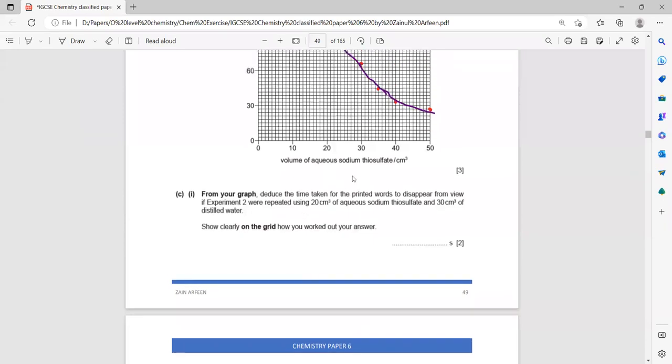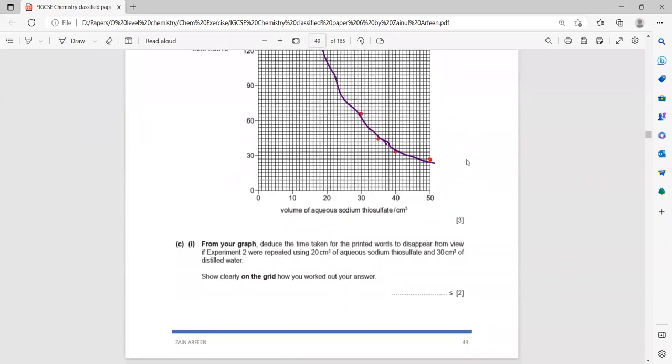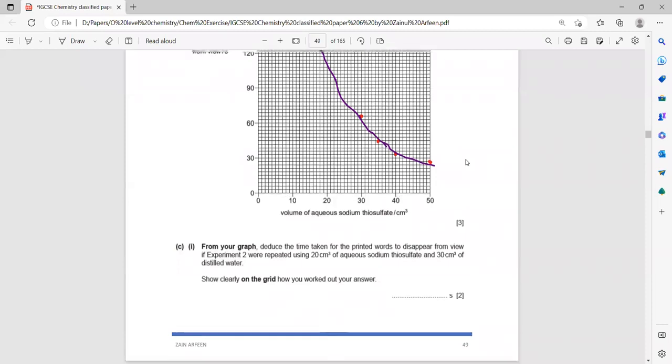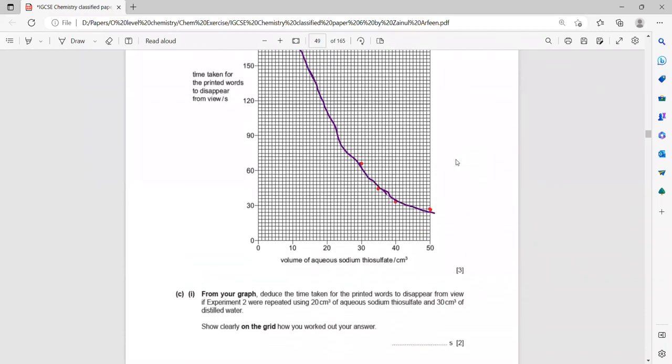The next part: from your graph, reduce the time for the printed word to disappear from viewing if experiment 2 was repeated using 20 cm cube of thiosulfate. How can we work out the time for 20 cm cube of thiosulfate? We draw a line from 20 cm cube of thiosulfate and find the time.